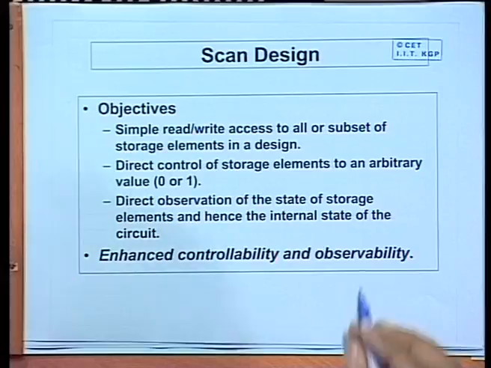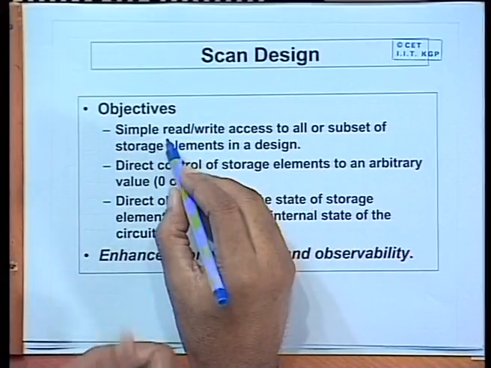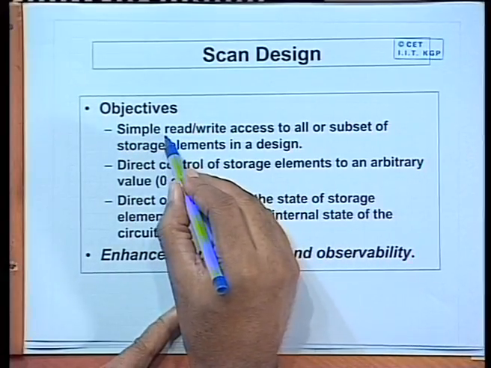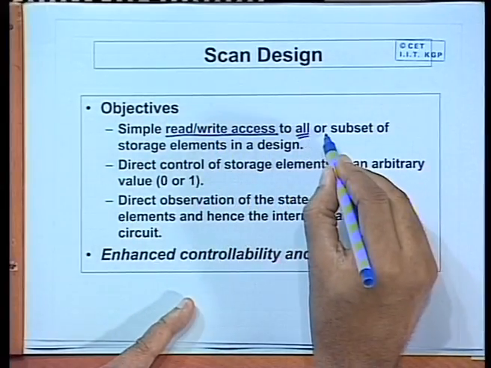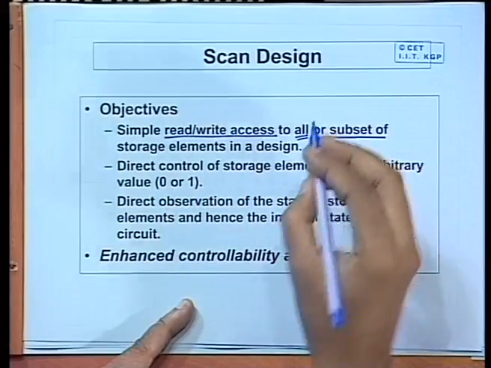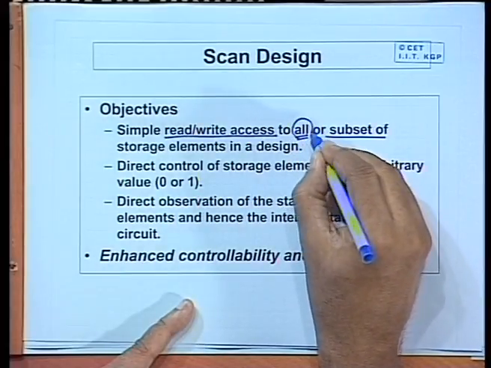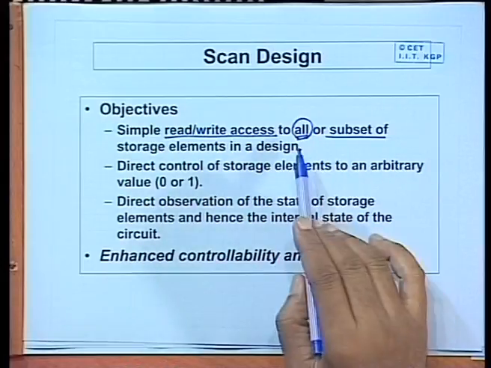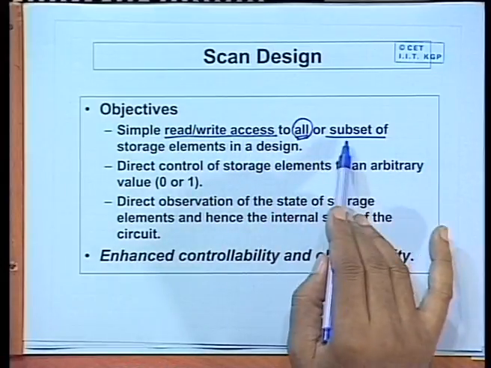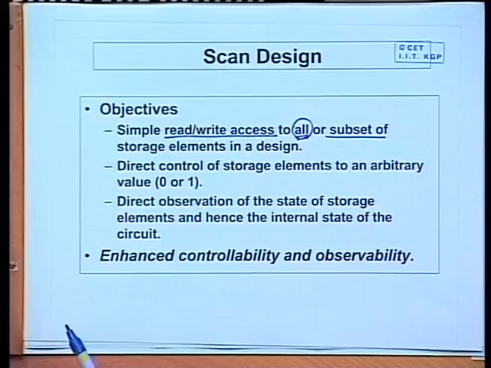The scan design says that you have some kind of simple read-write access to all or a subset of the flip flops. For the time being we assume all; we shall see later that we can slightly relax this restriction and have this access only to a subset of these flip flops.